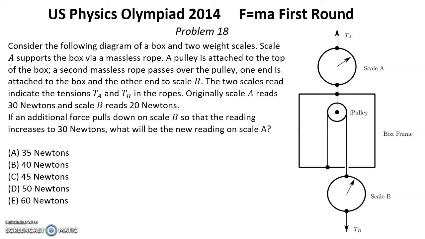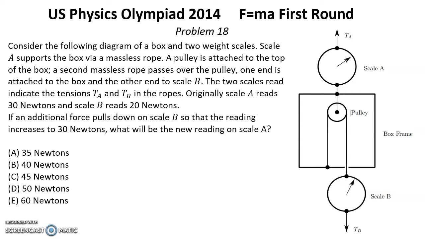One end is attached to the box and the other end to scale B. The two scales indicate the tensions TA and TB in the ropes. Originally, scale A reads 30 newtons and scale B reads 20 newtons. If an additional force pulls down on scale B so that the reading increases to 30 newtons, what will be the new reading on scale A?